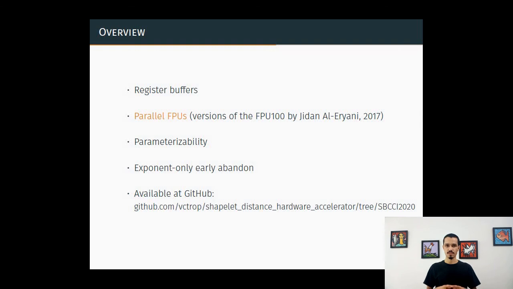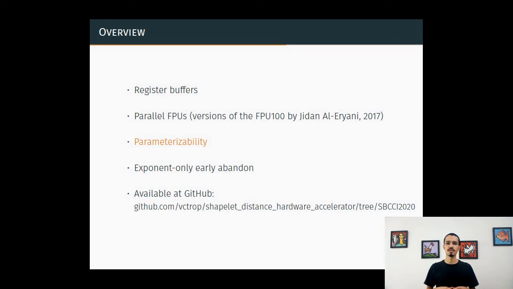This is, every floating point operation, instead of being applied to a single data point of a shapelet at a time, will be applied to a chunk of the shapelet elements at a time, accelerating computation. Both the parallelism level and the maximum shapelet length, this is the length of the register buffers, are completely parameterizable.